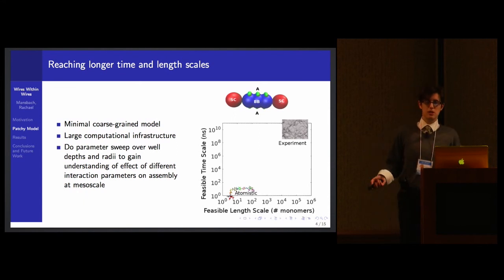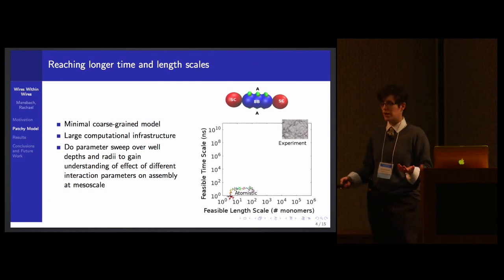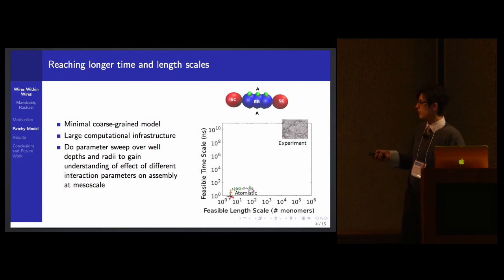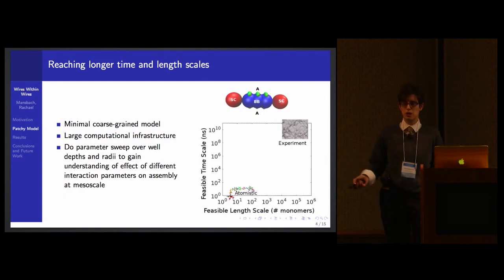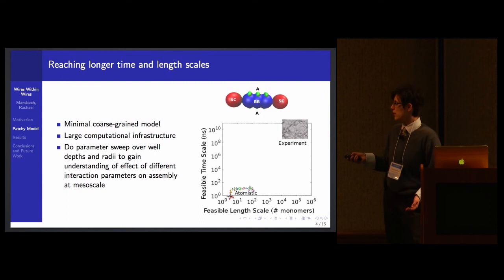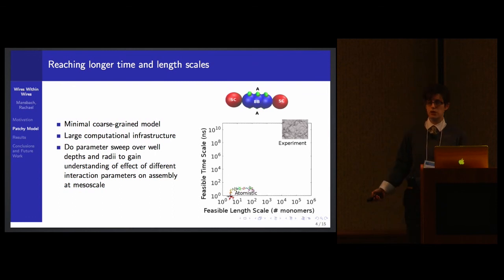And we're really interested in designing these things in a rational sense to have good aggregative properties. But if we're confined to length and timescales down here, then we're not really going to be seeing much aggregation at all. Certainly we can push this up a little bit, maybe a couple orders of magnitude, if we use sufficient computational resources, but it's still going to become prohibitively computationally expensive at some point.